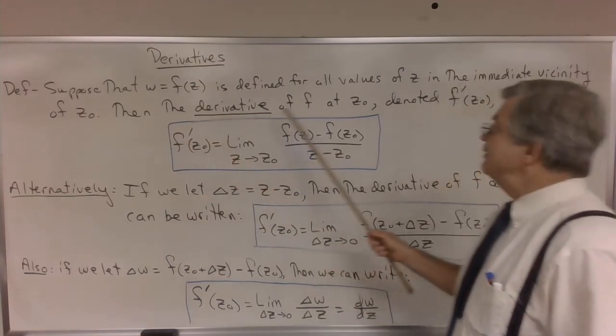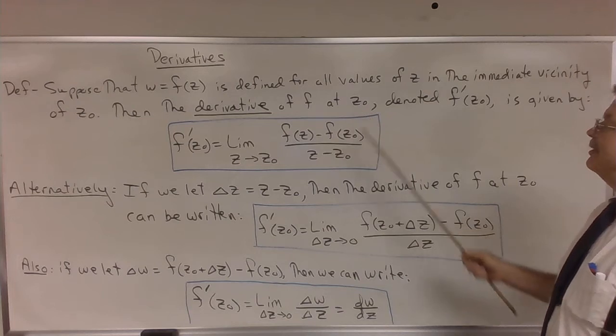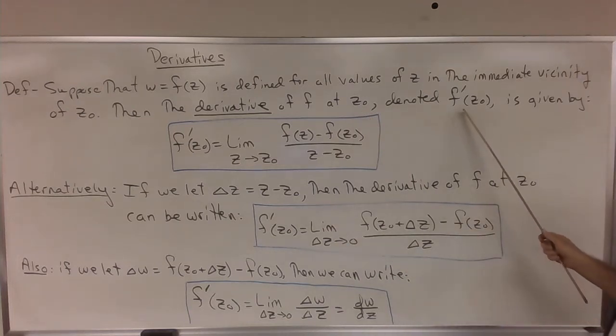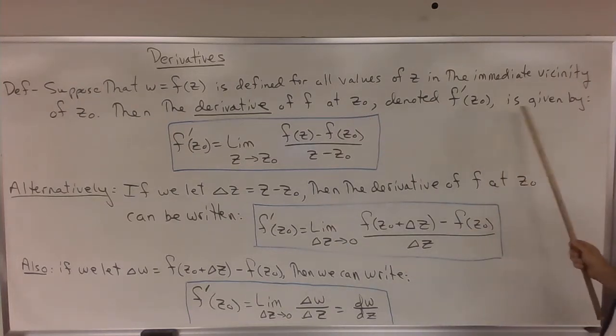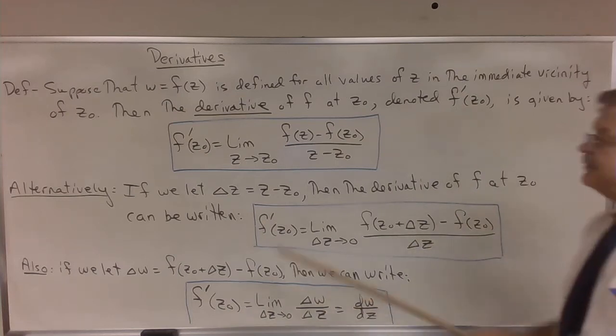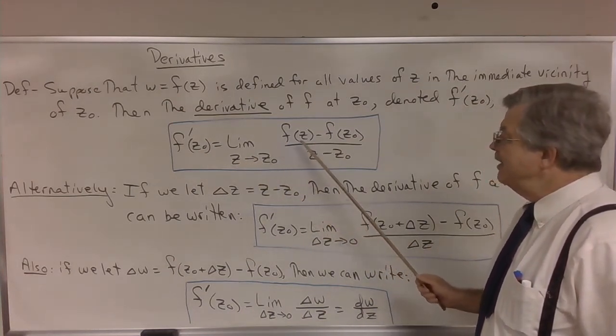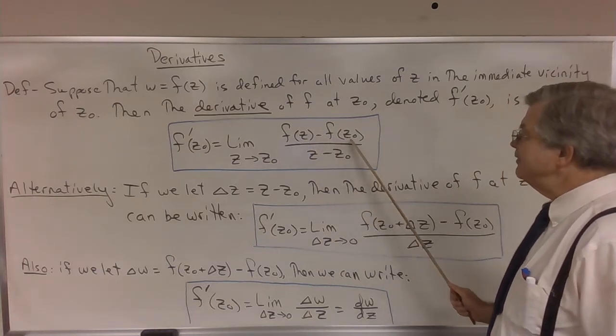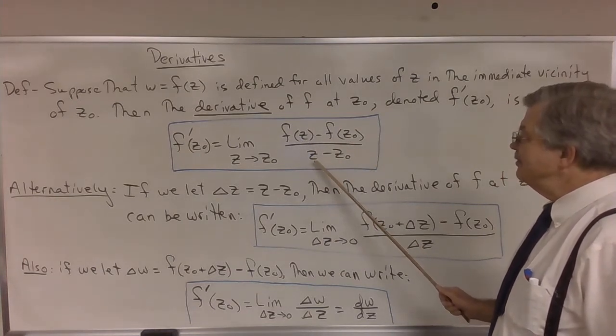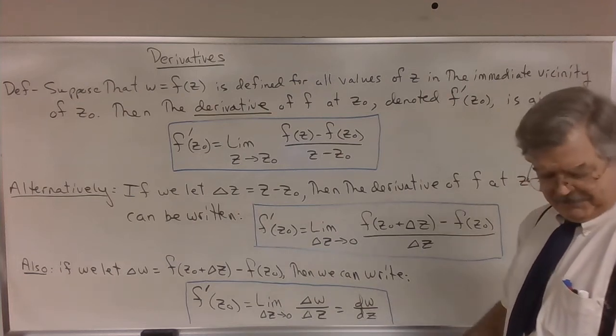Then the derivative of f at the point z0 is denoted f prime of z0, and it's given by the limit as z approaches z0 of f of z minus f of z0 over z minus z0.